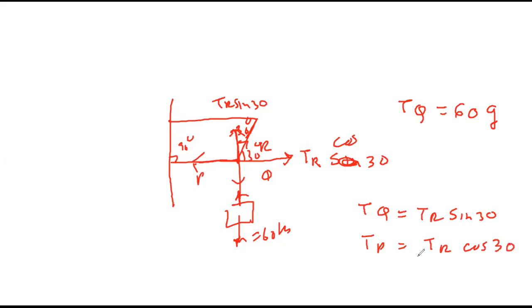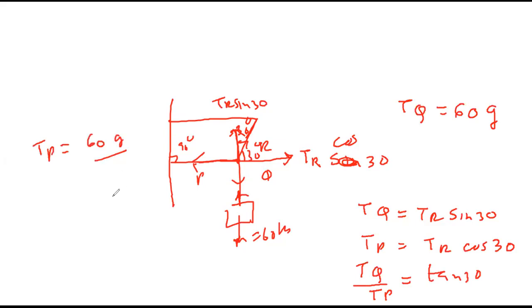We are interested in TP. So if I divide TQ upon TP, TR cancels, I get tan of 30. Therefore TP equals TQ, which is 60g, upon tan 30.